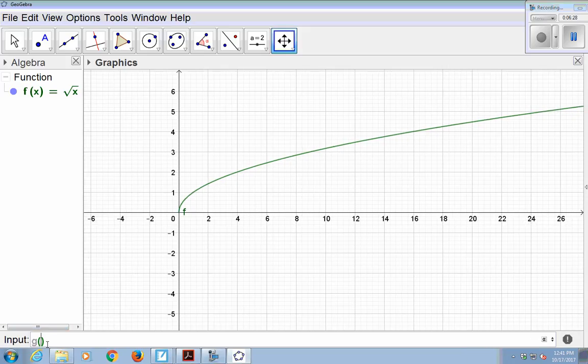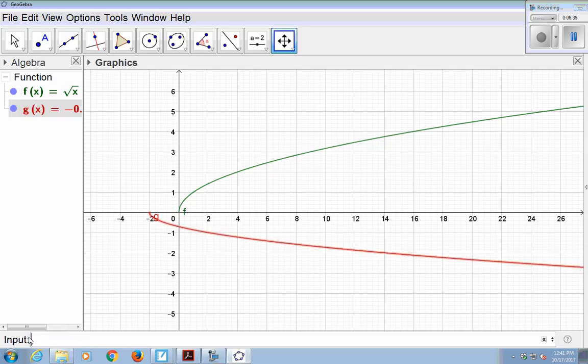And then my transformed function g of x was -1/2 times the square root of x plus 2. And so I've got g graphed in red here. Does that look like what we did? Yeah. So you can very easily check all of your work before you hand this in and know if you got 100.